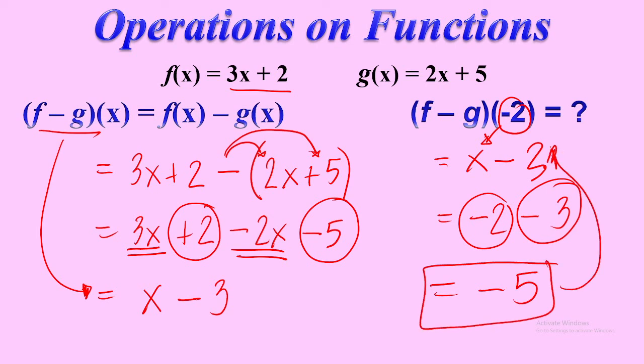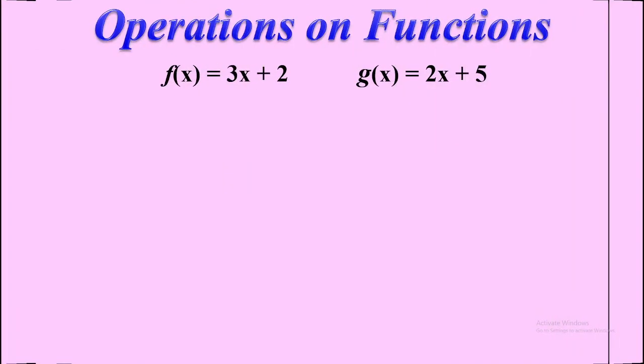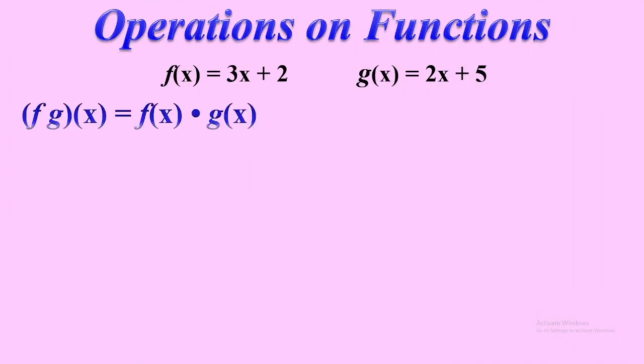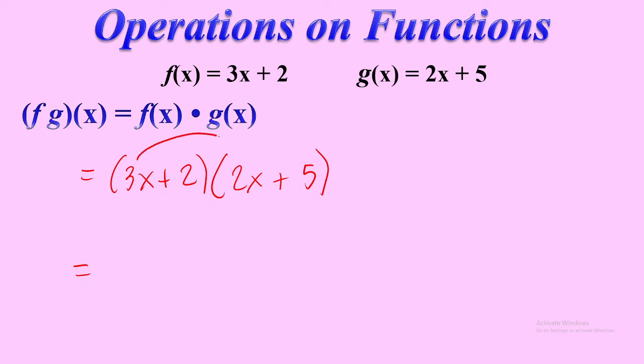Okay? Let's go to the next operation. The next operation is simply multiplication. So I have here two functions and I'm going to multiply them. It's so simple. So I now have 3x plus 2 and I have 2x plus 5. So remember the FOIL method? First terms.